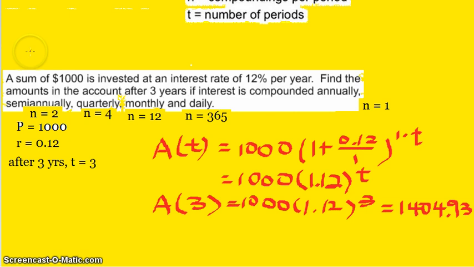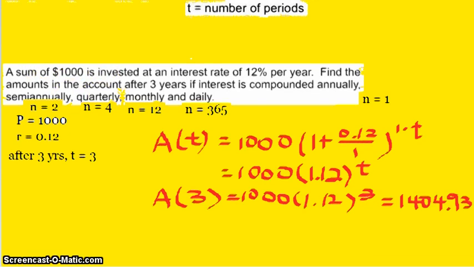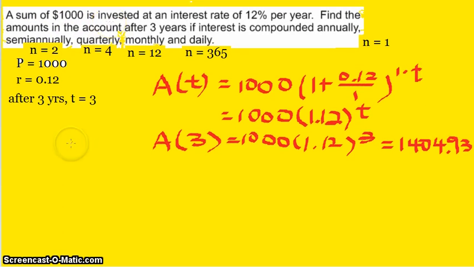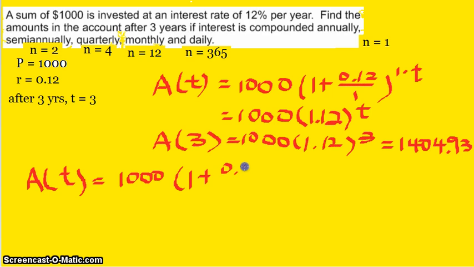So let's try something different. Instead of annually, let's say my interest is being compounded monthly, how does that affect the money that I have? So very similar. Let's say A of t in this case. My n is different now, but my P, my r, everything stays the same. So 1000 times 1 plus my r stays the same, 0.12 over n.